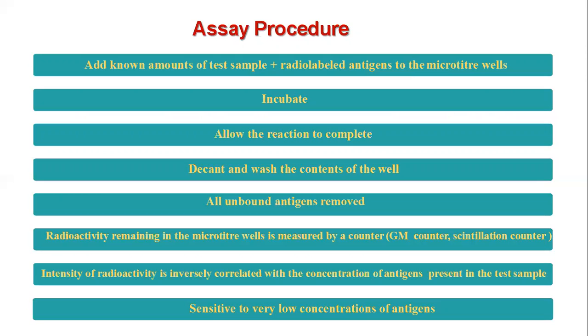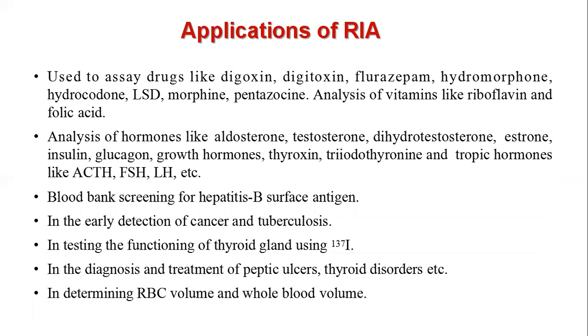The intensity of radioactivity is inversely correlated with the concentration of antigen present in your test sample. This method is highly sensitive, so a very low concentration of antigen present in your patient sample can be determined. It is a highly specific reaction, and very sensitive.